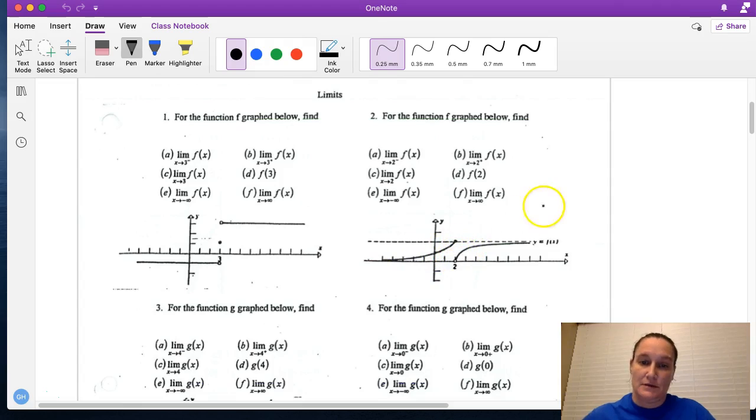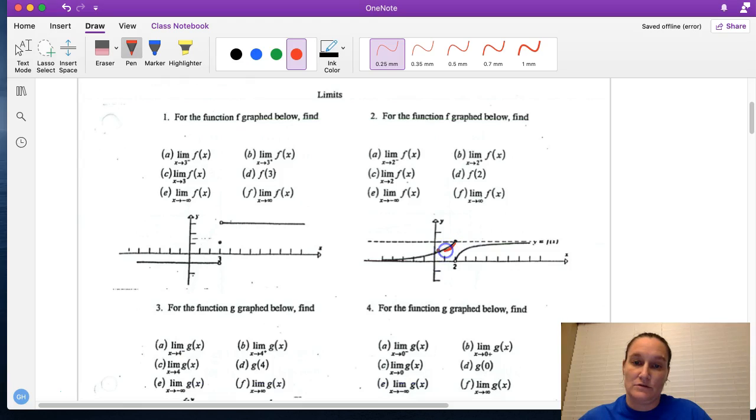So that means, okay, we're looking at x equals 2. So we're looking right in here. And we want the left-hand side. So we are looking at what is happening maybe as we go from 1 to 2 on our function. So as we come in from 1 to 2 right here, what is happening to our y values?